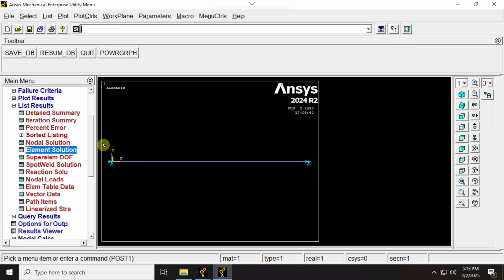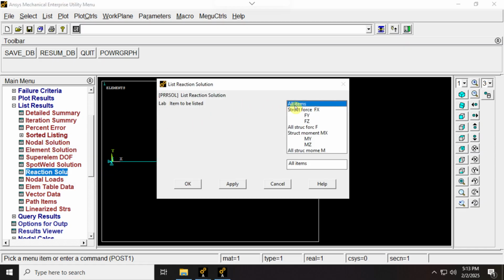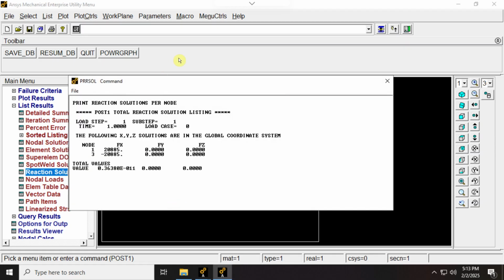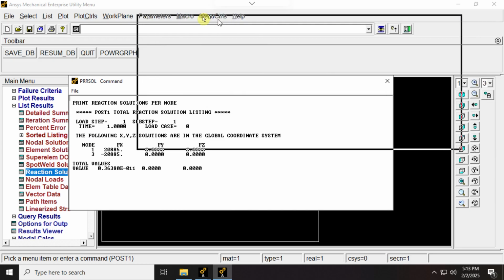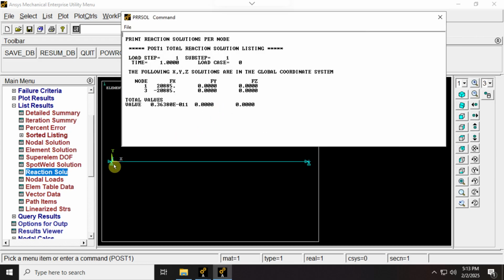By the way, if you want to see reaction solutions, the reaction forces are going to be at the wall supports. On the left node, we have a force of 20.885 kilopounds. This force is going to the right.